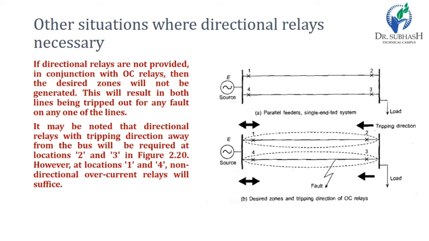And at location 1 and location 4 we employ a non-directional overcurrent relay, or plain overcurrent relay, with instantaneous feature, because it is very near to the source. So instantaneous feature is necessary for the overcurrent relay. This parallel feeder is again a situation where the directional relay has to be employed.